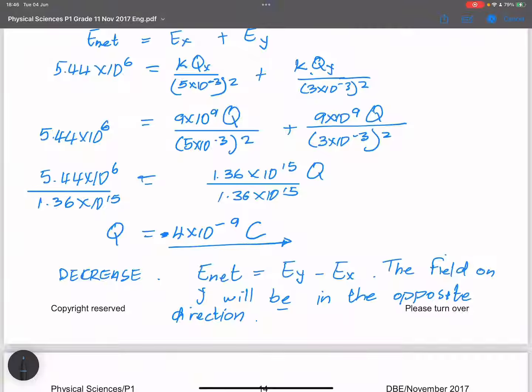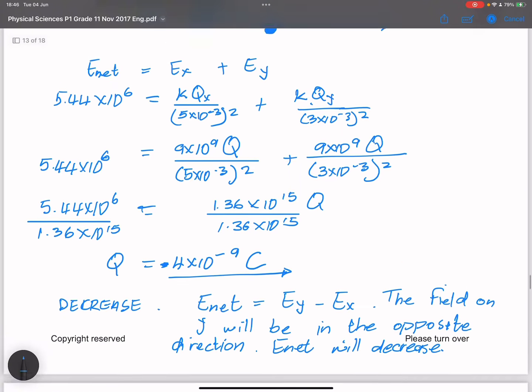And so the net field, E net, will decrease. So that is really how we're going to answer that.